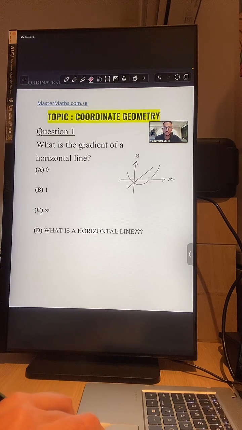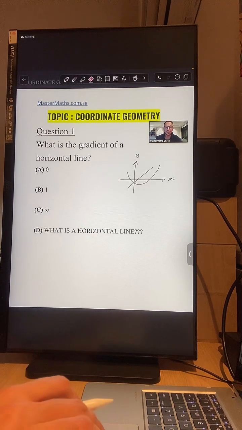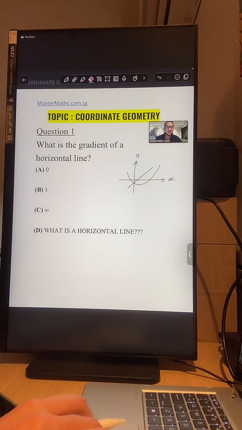If you're joining me on TikTok or Instagram, what do you think the gradient of a horizontal line is? Maybe just shout out your answers, A, B, C or D. Leave me a comment please, and then let's see what you all are saying. MasterMaths on Instagram, anybody? Gradient of a horizontal line, or cannot remember?